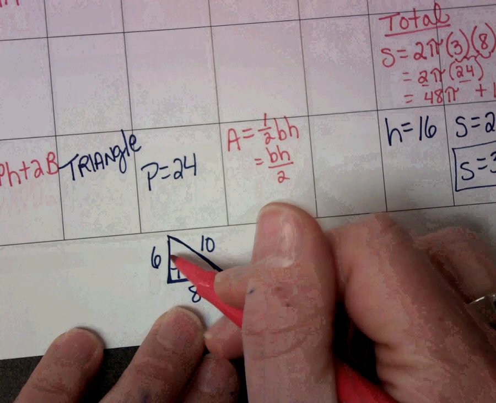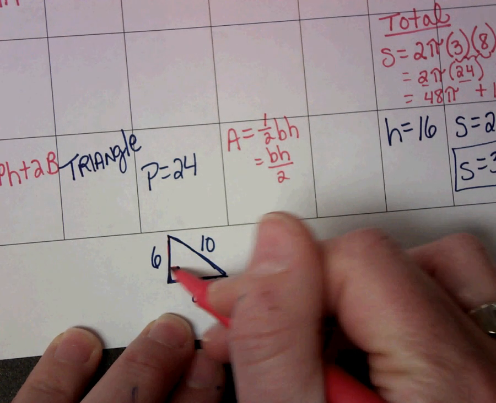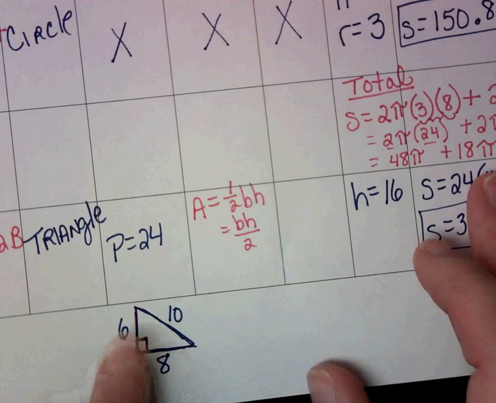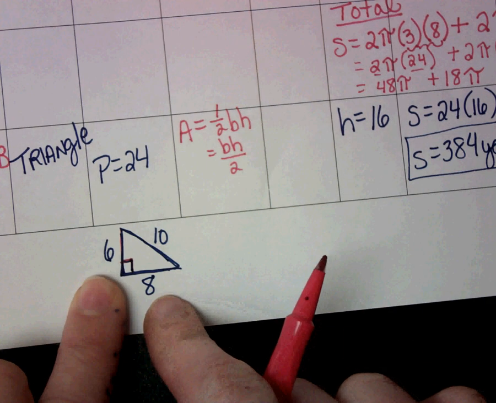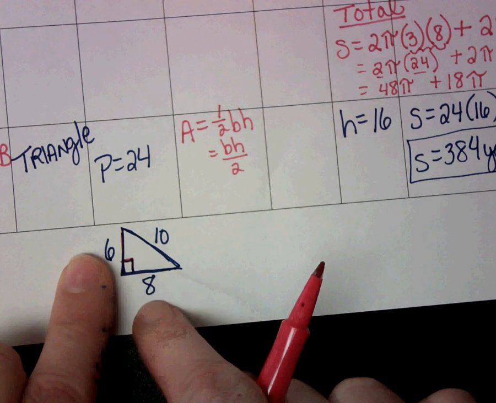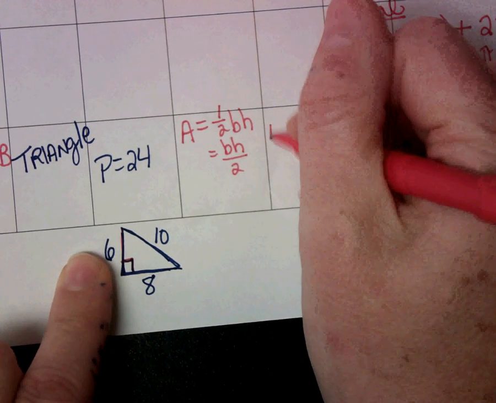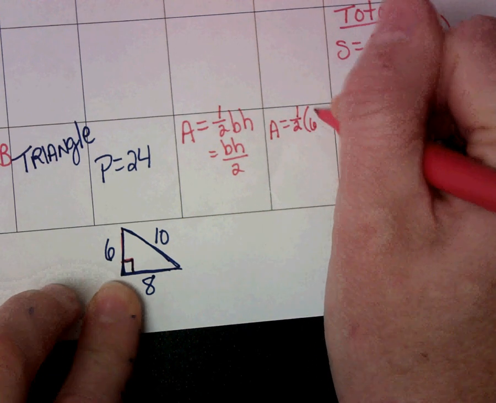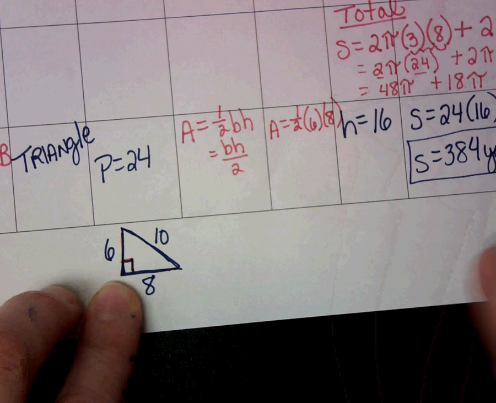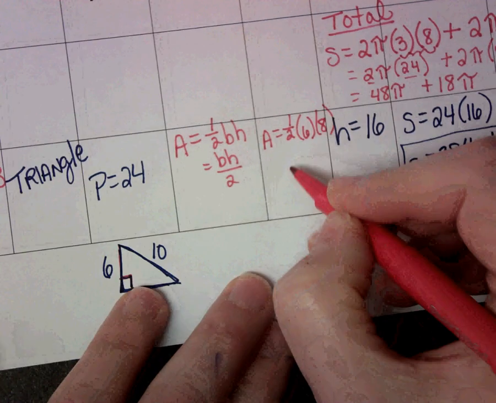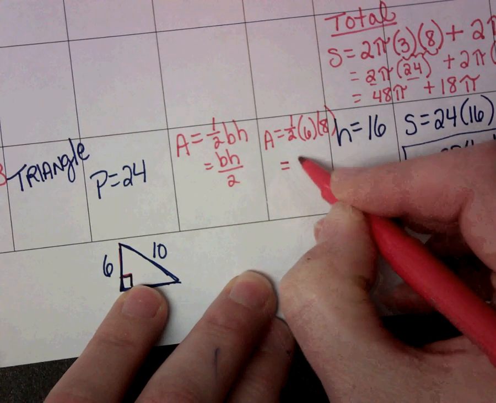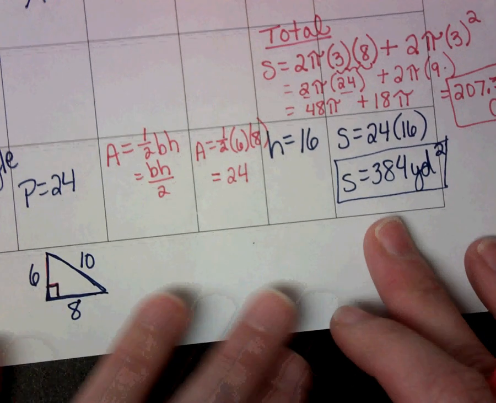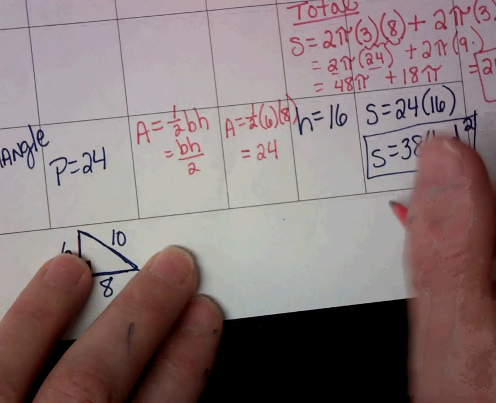Okay, so let's calculate it. Remember that your height has to form a right angle. So see how we have our right angle here? So our height is 6, the base is the 8. Remember, the height and the base are like the legs of the triangle. So area equals 1/2 times 6 times 8. So we get 24 for the area. And now I'm ready to fill in the formula.